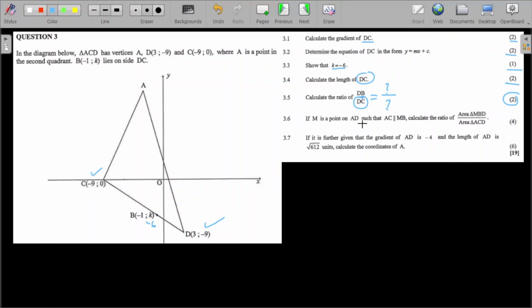Now, if M is a midpoint of AD, where is AD? Okay, AD, somewhere here we have a midpoint, such that AC is parallel to MB. So this is M, and this is connected like this. And then calculate that.